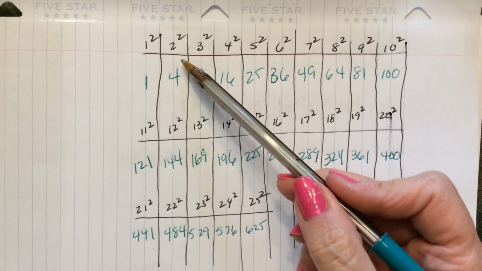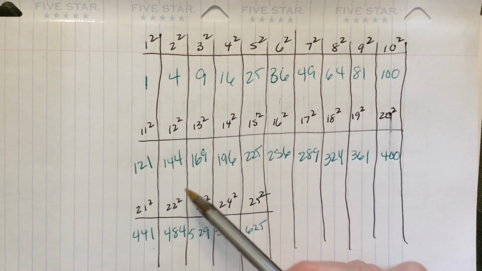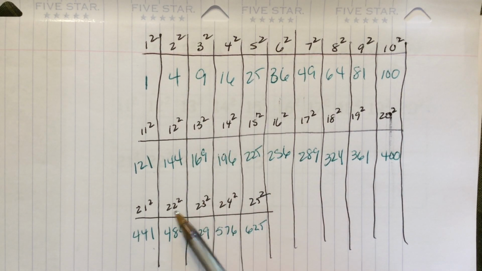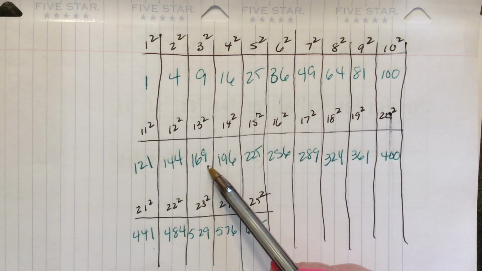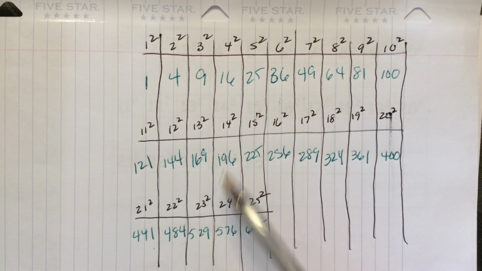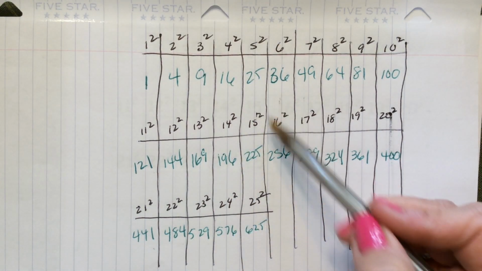Okay, 2 squared is 4. Well, 12 squared is 144, ends in 4. 22 squared is 484, ends in 4 again. 3 squared is 9. 13 squared is 169. There's the 9 again. 23 squared is 529. If you notice, each column ends in the same number.